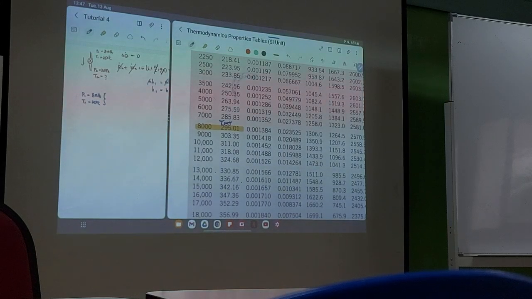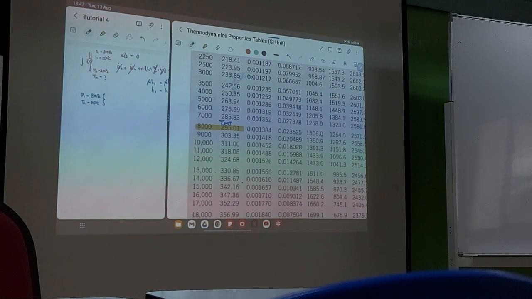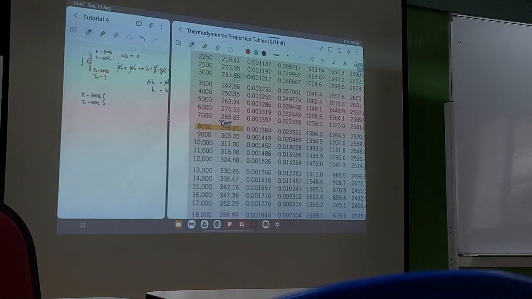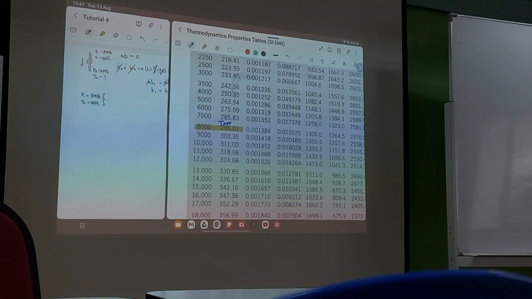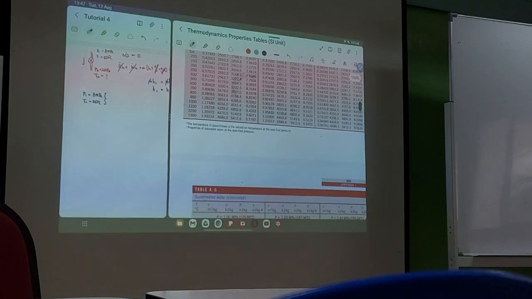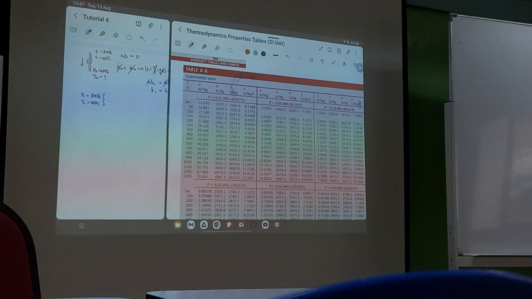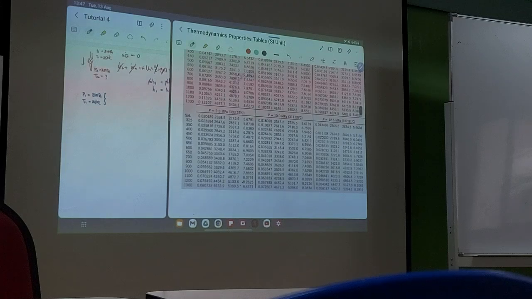At 8,000 kilopascal, the saturated temperature of 295 is the boiling point. The temperature that you have is 350, so it is higher than that. So this is superheated water. Now we go to the 8 megapascal table.